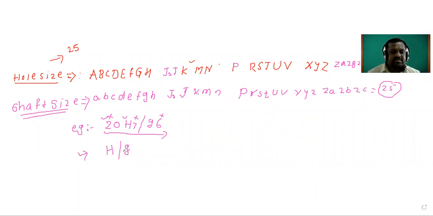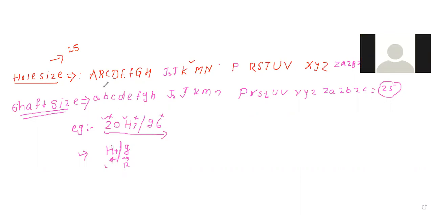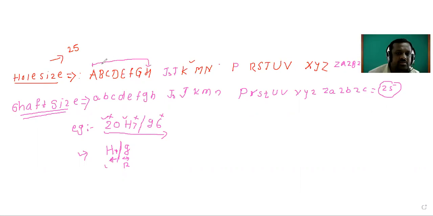Okay, then if such conditions are there, how to identify the fit? Now see what to do here: go to the left side of the slash, and go to the right side of the slash. Done left side, done right side. Tell me, what letter is on the left side of this slash?